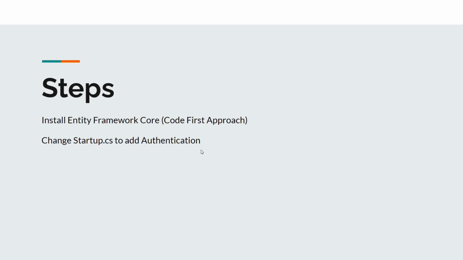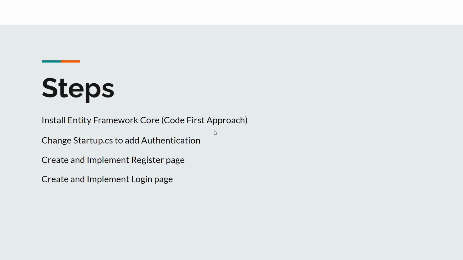The next would be the changes to the Startup.cs project to actually add authentication, and we will do the Entity Framework Core migrations in between these two steps, and we will go and see how the database looks like. We will create and implement the register page after we have added the authentication to our application.